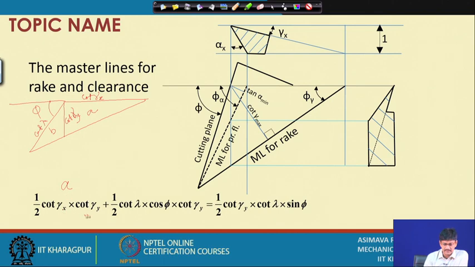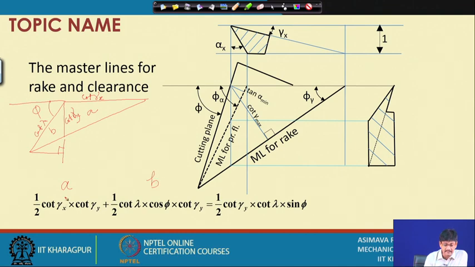Area A is equal to this, plus suppose I add area B. How much is area B? This being the altitude, this altitude is nothing but cot lambda cos phi. So, we use cot lambda cos phi into cot gamma y, the base, into altitude into half. So, that way we get this expression B.